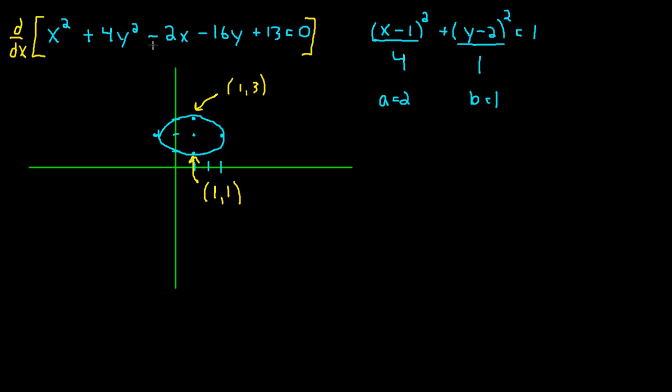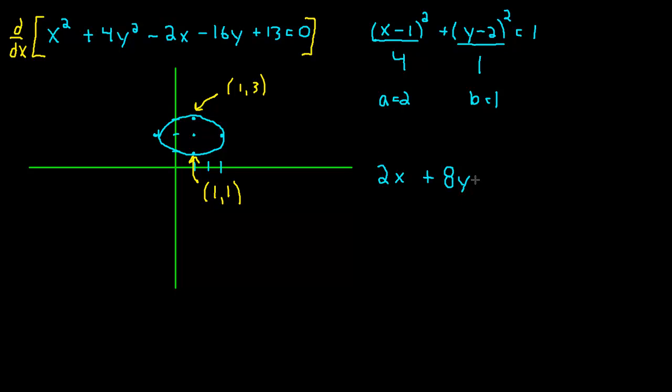Well, all the x's are easy enough. What's the derivative of x squared with respect to x? It is just 2x. So we write 2x. But implicit differentiation tells me that in order to take the derivative of 4y squared with respect to x, I first have to take the derivative of it with respect to y, and that will be 8y.